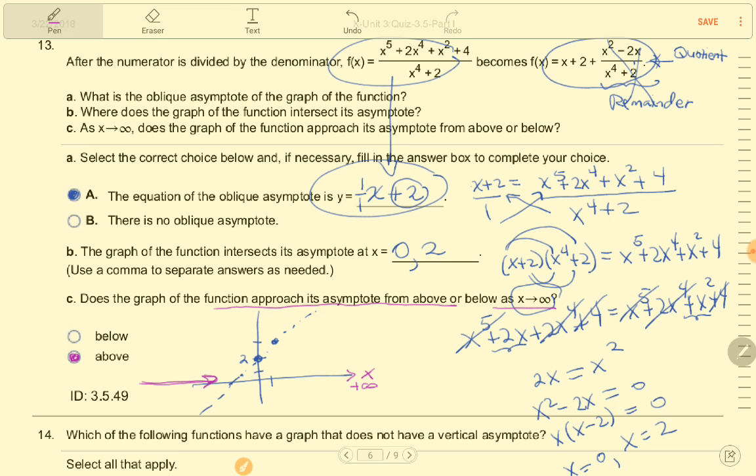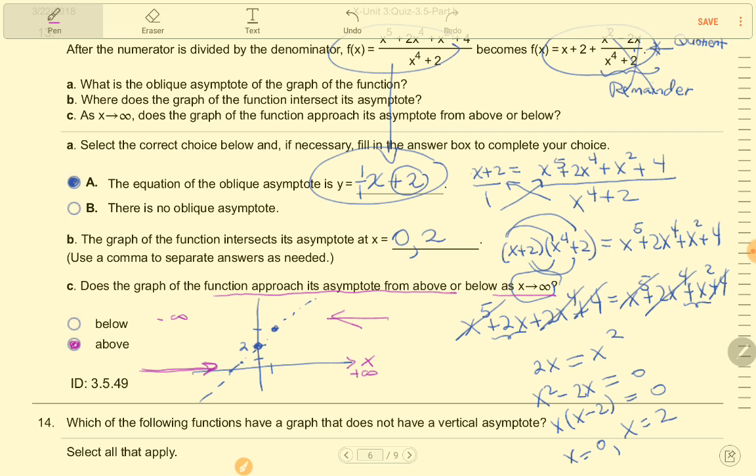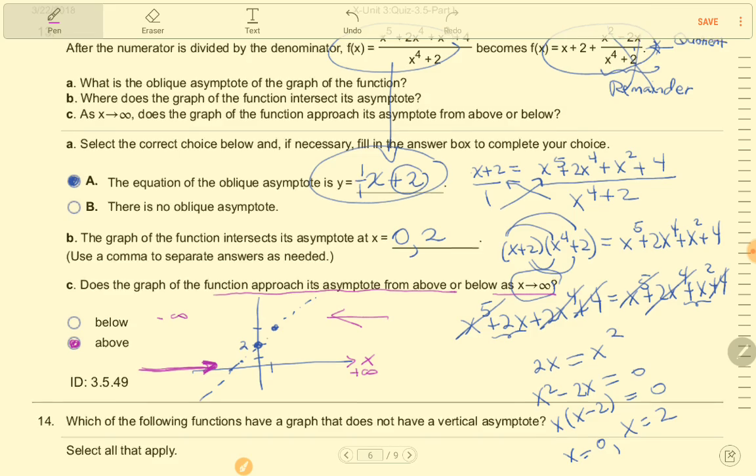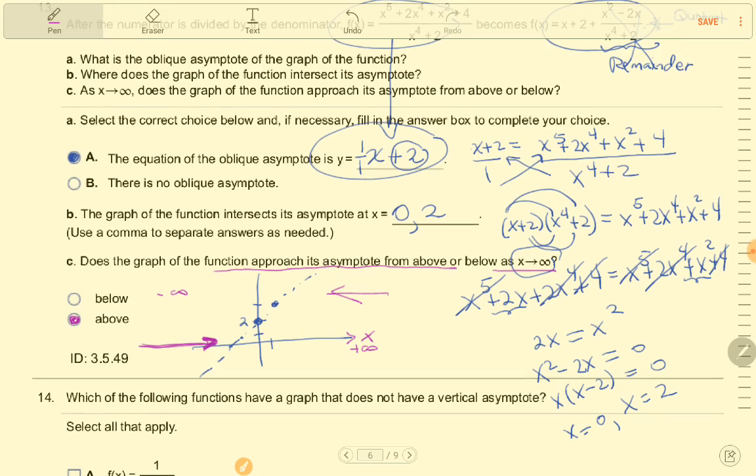Because it's slanted in that way. If I was approaching x equals negative infinity, going this way, I would be approaching the asymptote from below. But I'm approaching positive infinity in this direction, so I would be above. So drawing the sketch is kind of essential there to figure it out.